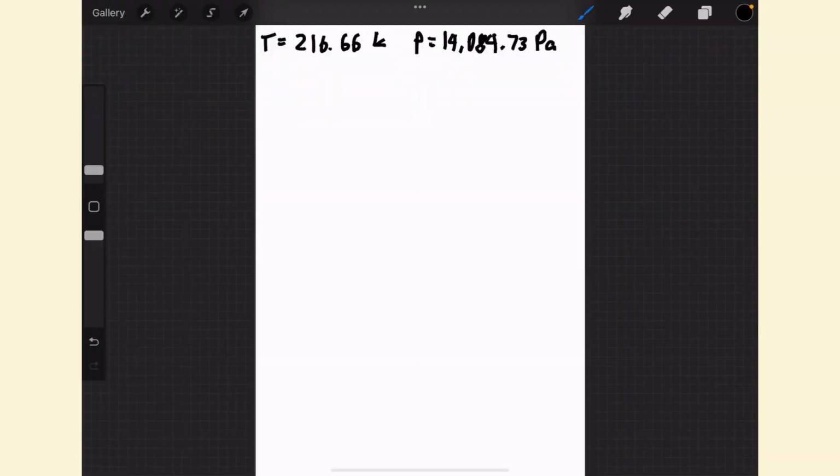Ngayong alam na natin ang temperature at pressure, alamin naman na natin yung density. Same lang din siya sa pressure, at isothermal region yung gagamitin natin na formula.